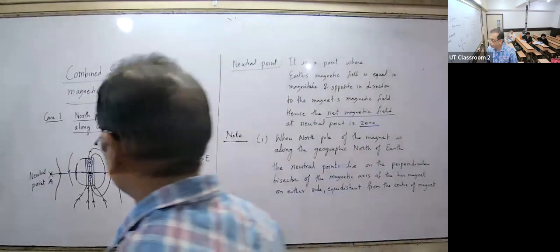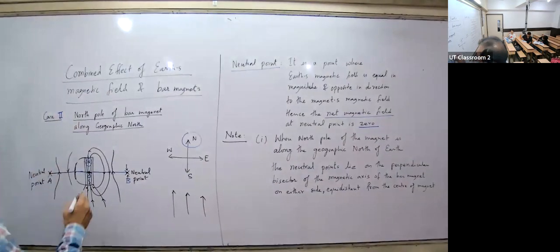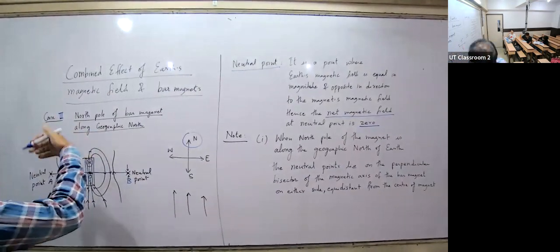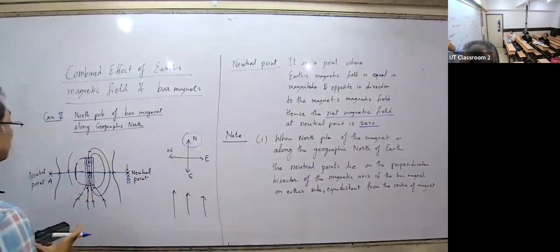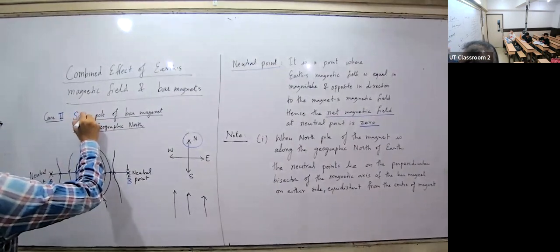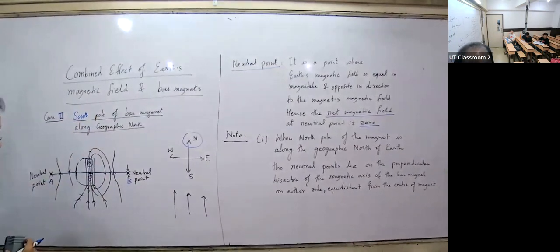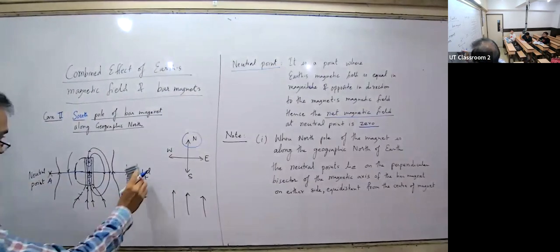Clear? Now I'll give you one task. Case 2. Now the south pole of the bar magnet is along geographic north. Now you tell me where it should be. Now draw the neutral point where it should be.